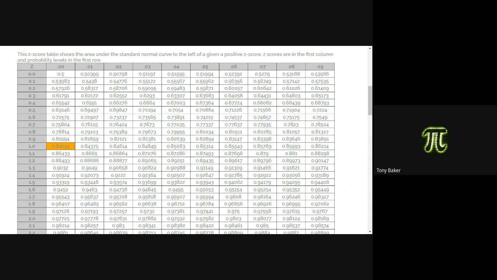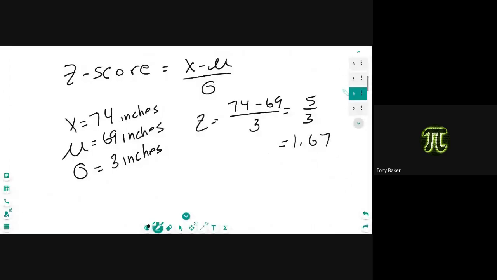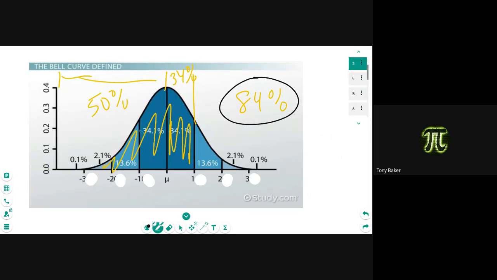What did we say was the percent for 1 standard deviation away from the mean? 84%. Okay? So this is telling me the percent. Oh, because you would multiply that by 100 to get 84. Got it. It's telling me the percent from the left all the way over to whatever that number is.